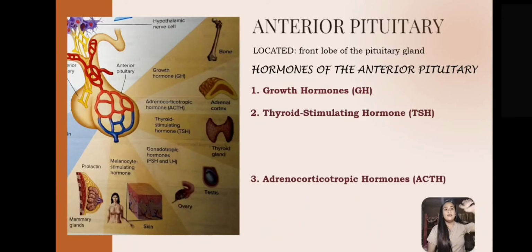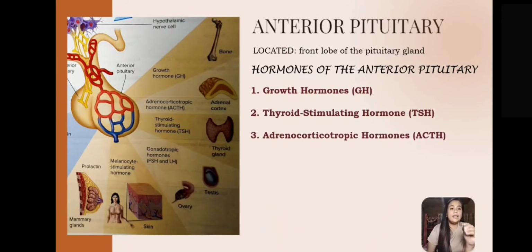Next, adrenocorticotropic hormone or the ACTH. So, ACTH regulates the endocrine activities of the cortex portion of the adrenal gland. So, adrenal gland is another member of the endocrine system, another gland of the endocrine system.